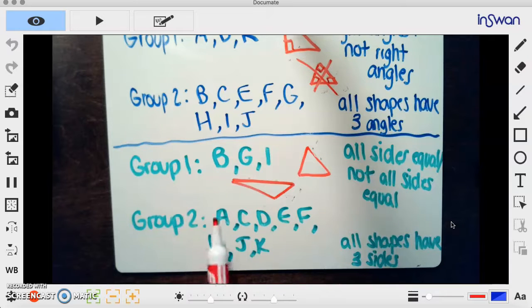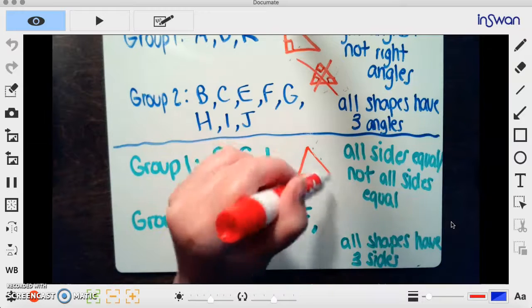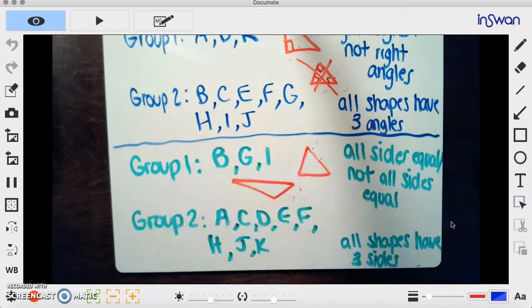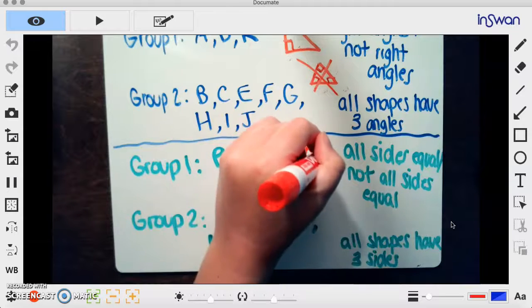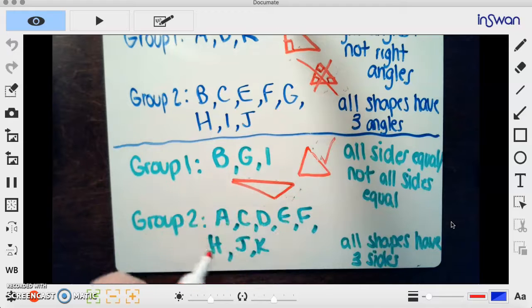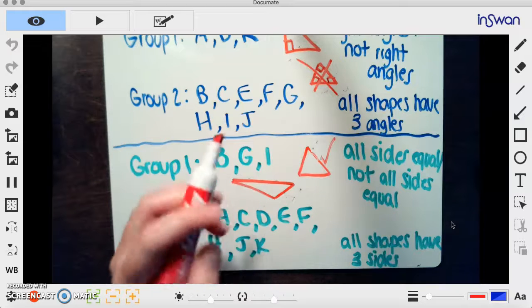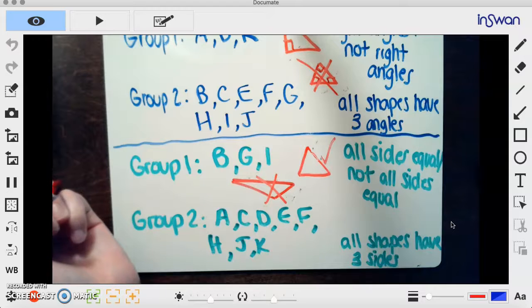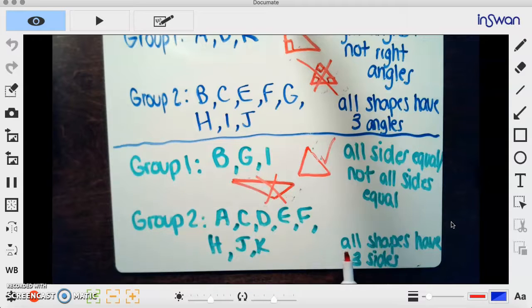And in my group 2, A, C, D, E, F, H, J, K, not all the sides are equal. So in a triangle like right here, I can see all of these sides are identical in length. And a triangle like this, all my sides are different. So that is how I separated them. Now, how they're all alike is all shapes have 3 sides in this comparison.